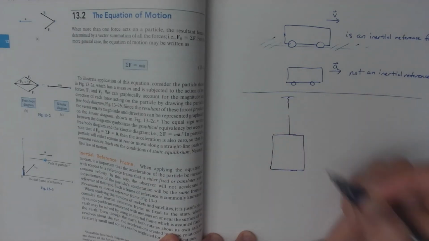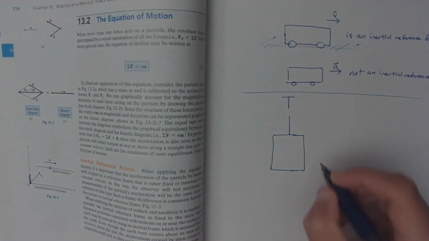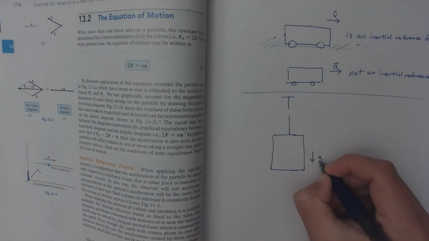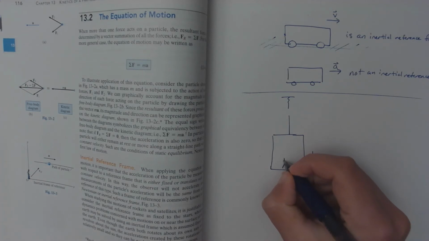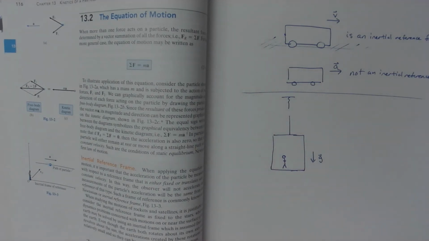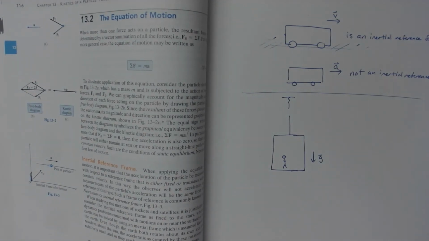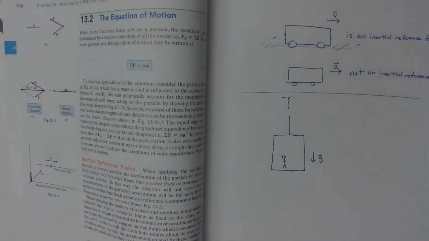Unfortunately, the cable is broken, and the elevator is accelerating downward with an acceleration of little g, and when it hits the ground, this poor person inside the elevator is probably going to die. But before they hit the ground, they have a chance to perform some fun physics experiments.